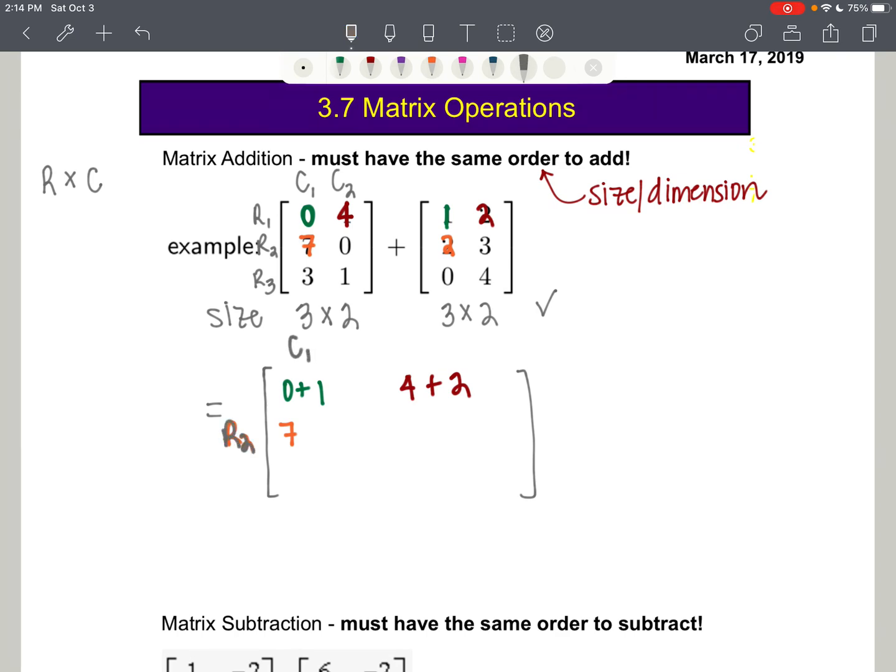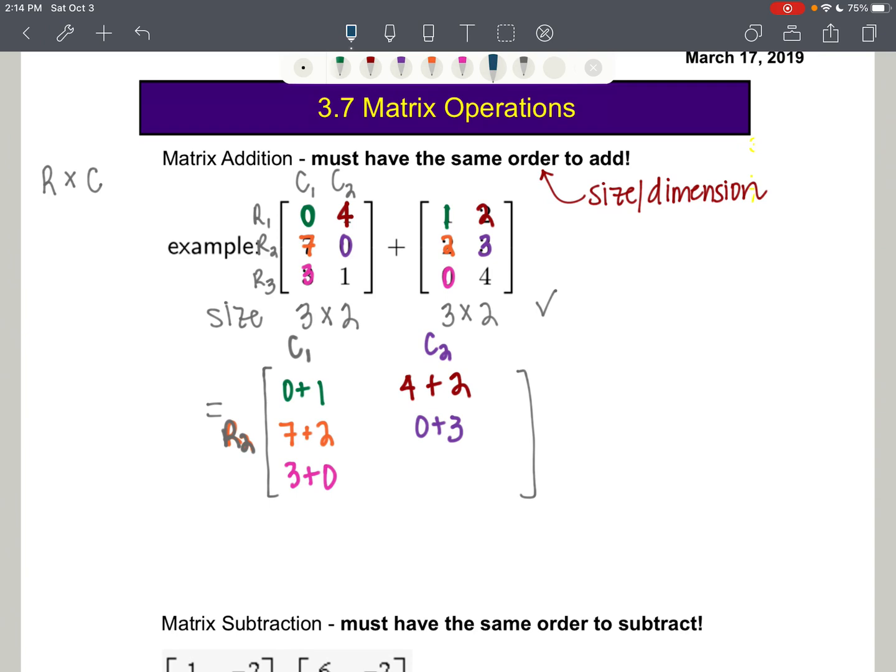And then row 2, column 2 is 0 plus 3. And then we have row 3, column 1, that's 3 plus 0.